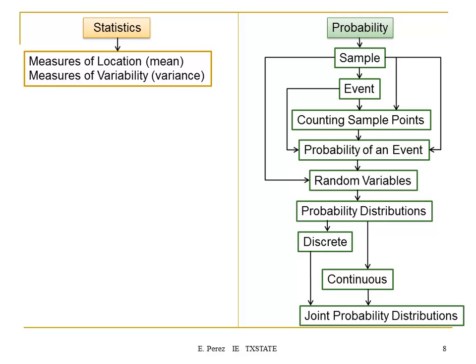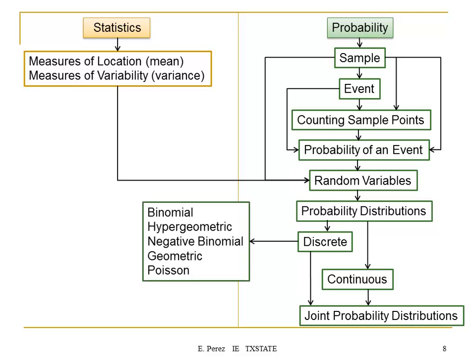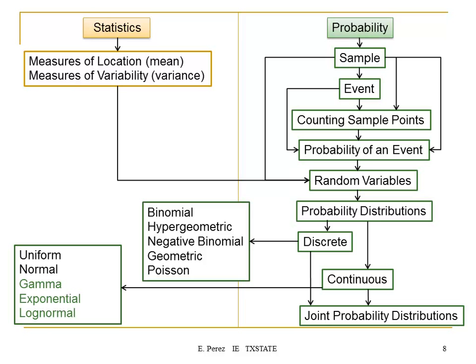And from there we talked about joint probability distributions. And now, before we get to that, we use these measures of location and apply them to random variables. Last week, we covered the specific probability distributions that come from the discrete family. And today, we're going to start covering some of the probability distributions that come from the continuous distribution family. Okay? So we're going to start with the uniform and the normal.